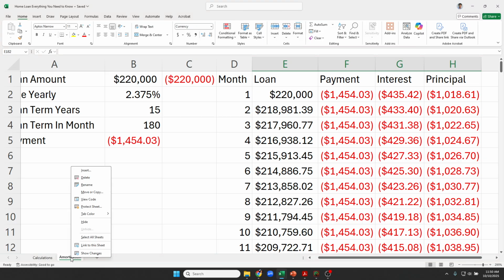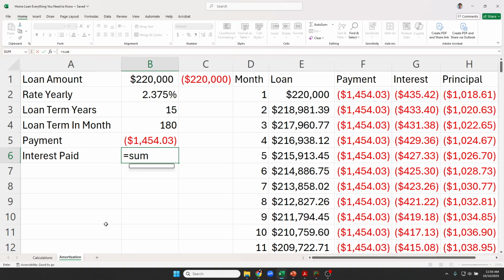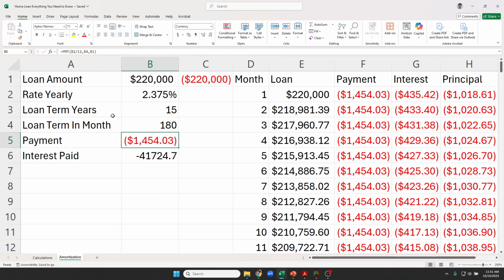So next, let's calculate the total interest paid. You can simply sum the interest column, which is this one. This should be exactly the same as what we calculated previously.